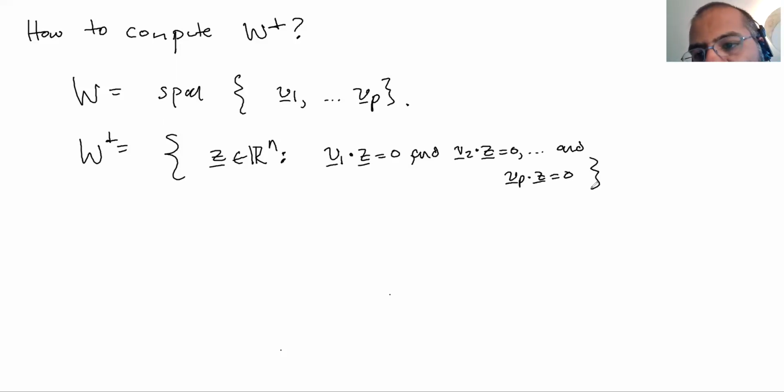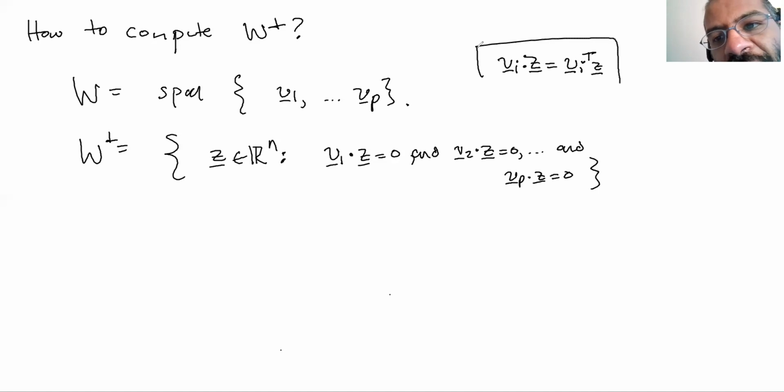Now I'm going to recall that the dot product Ui dot Z, I can also write as Ui transpose Z, because dot product is the same as transpose. So I can write this in matrix form.